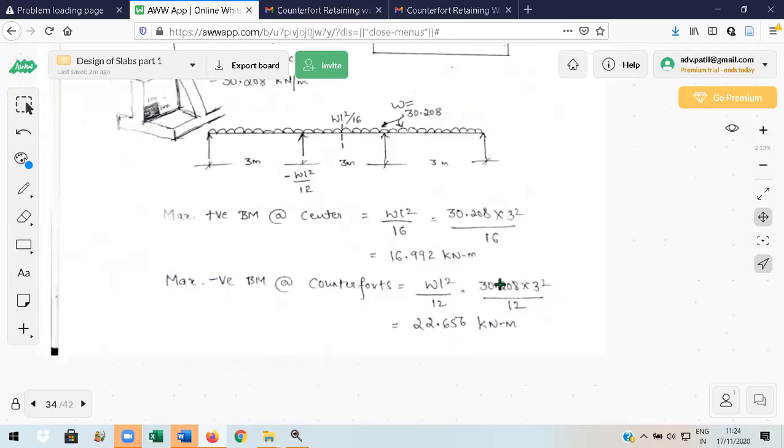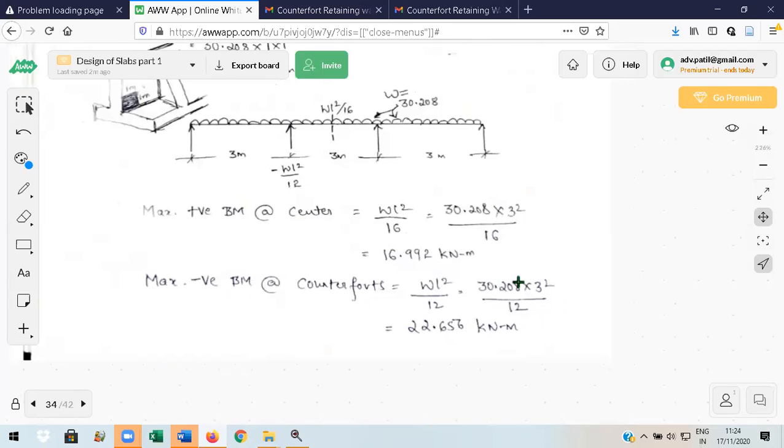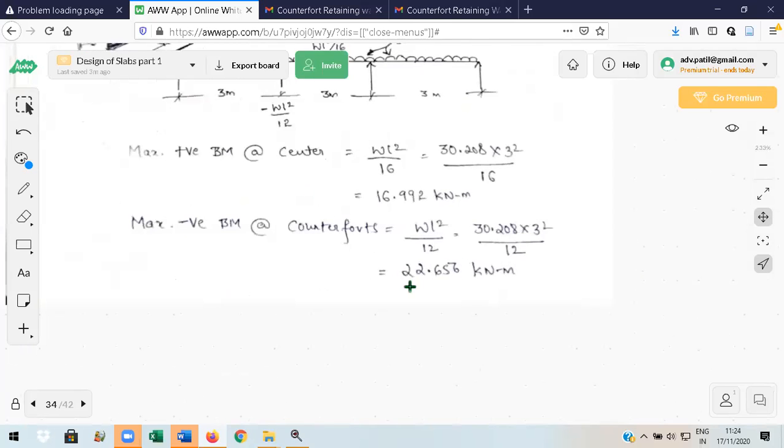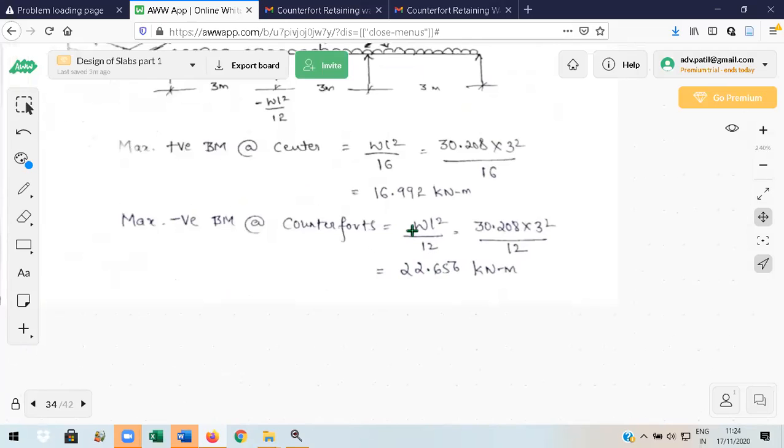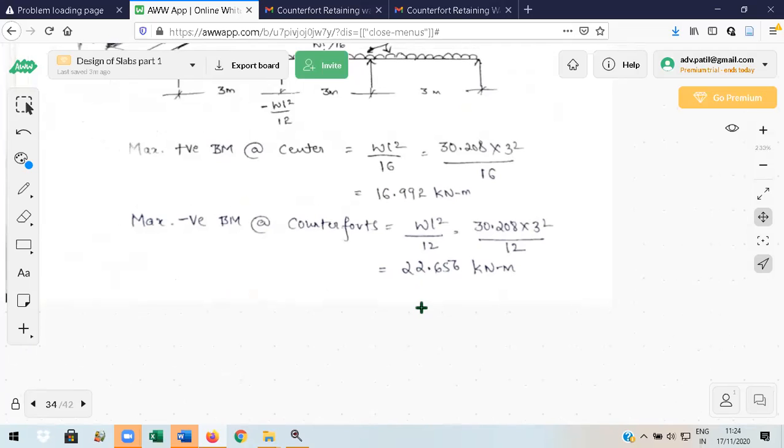It means you have to calculate the steel with respect to this value, 22.656 into 1.5. I think I'll just check it for factored moment. Sagging is less and hogging is more, but whichever is more, for that value you calculate the steel and provide the reinforcement everywhere like that.